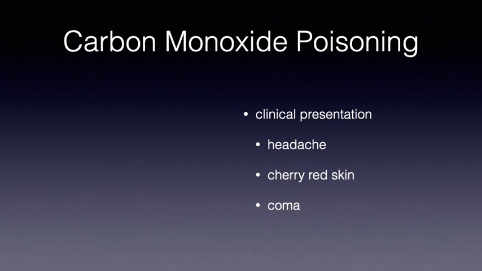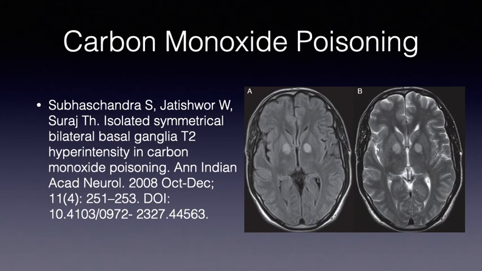Both of these can happen with cyanide poisoning also. MRI brain of a patient with carbon monoxide poisoning can show bilateral globus pallidus lesions. Such a finding is classically associated with carbon monoxide poisoning, but it is also possible with cyanide toxicity.